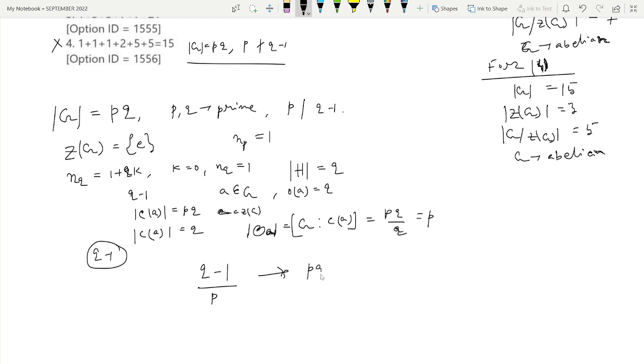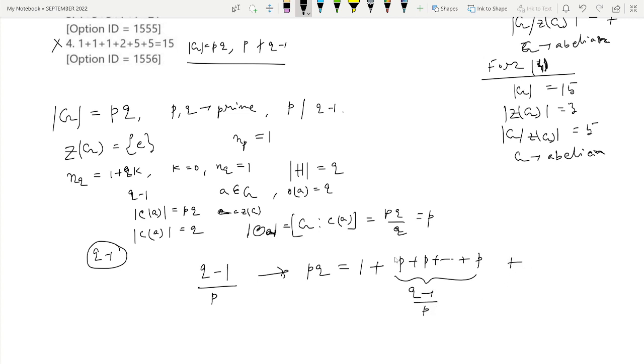this P into Q equals, for Z(G) it is 1 plus such orbits, each of order P, which contain the elements of order Q. So this will be like P plus dot dot P, and this will be (Q minus 1) by P times.